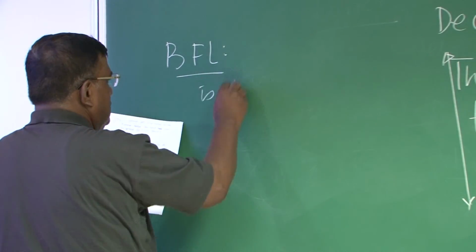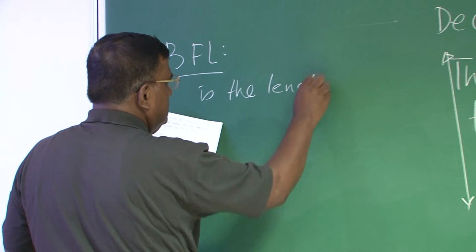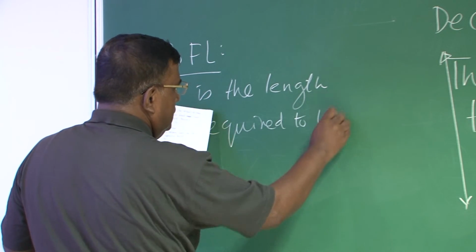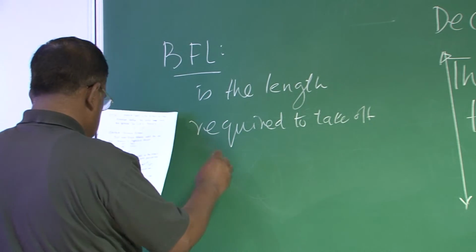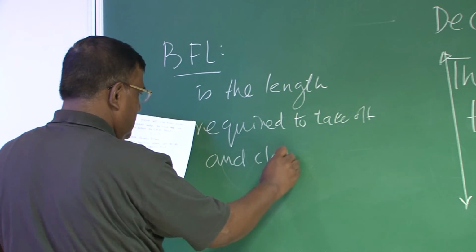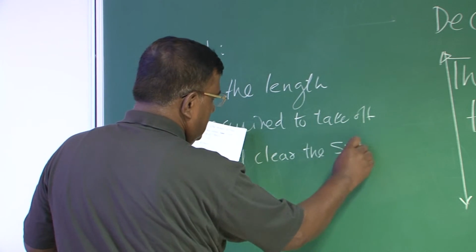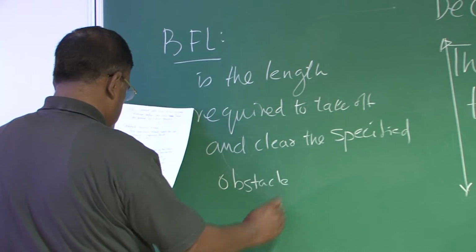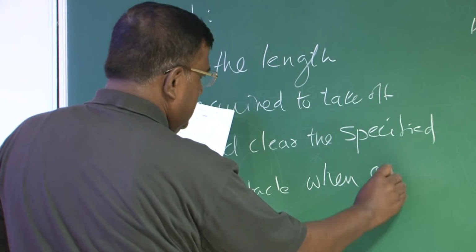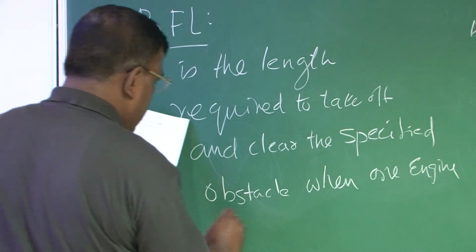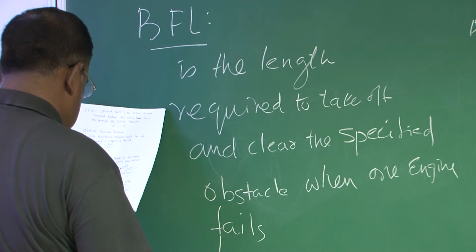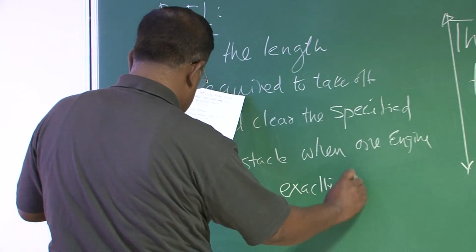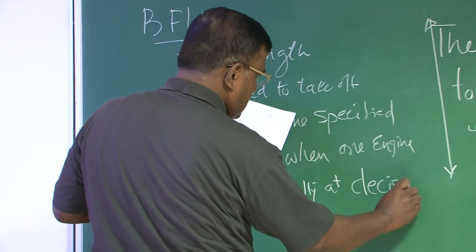as the length required to take off and clear the specified obstacle when one engine fails exactly at decision speed.